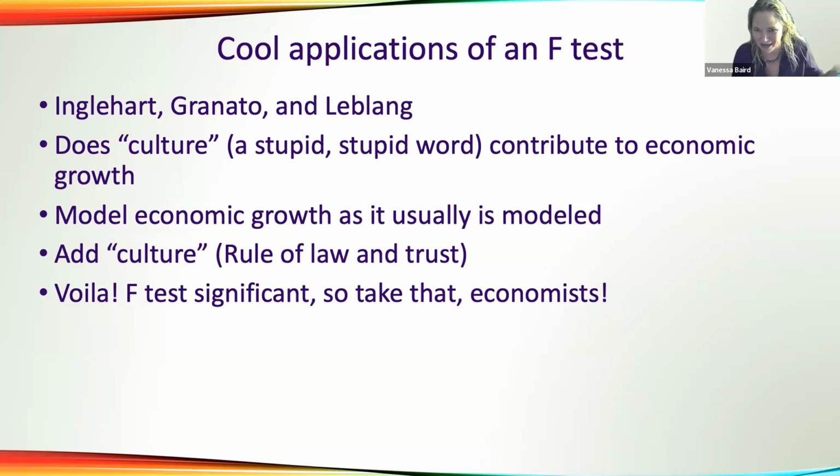I'm a big fan of the North and Weingast whole slew of work. Whatever you might want to say about them, thank God for them. They've increased our understanding of stuff a lot. But nevertheless, they added country level estimates of rule of law and trust, and voila, the F test was significant. So take that, you economists.